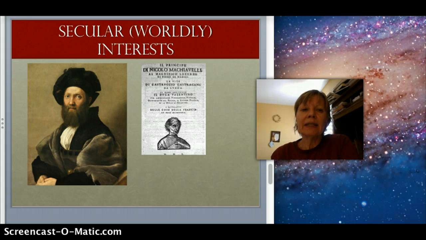Well, basically, it doesn't have anything to do with religion. It has to do with the world. So this idea that they would look at the world around them, that they would look at human beings, their total focus would not be on religion anymore. It would be on their own world, keeping with that whole notion of humanism.